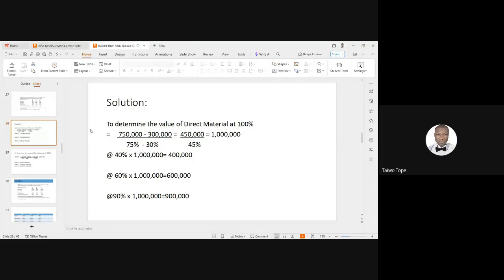On your calculator, when you press 450,000 divide by 0.45, what will you have?